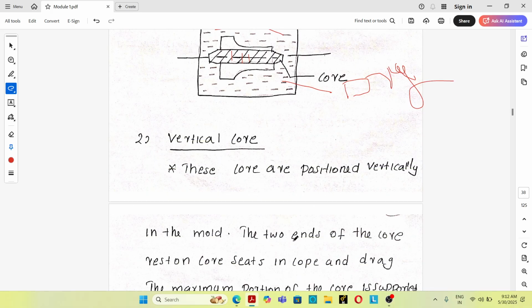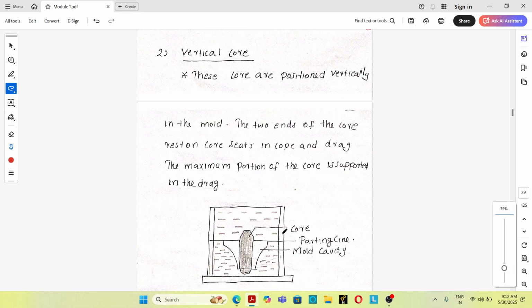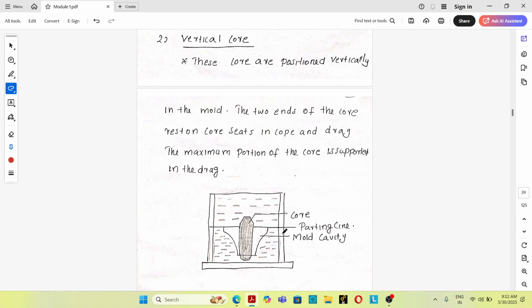Then vertical core. Vertical cores are usually positioned in the vertical direction in the mold, placed vertically inside the sand casting mold. So this is the vertical core, this is the parting line, and this is the mold cavity.